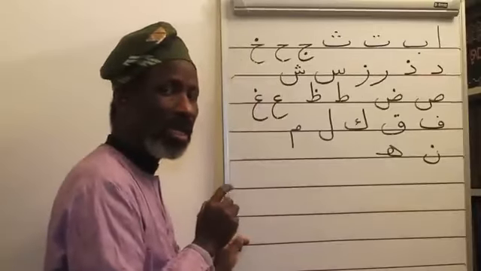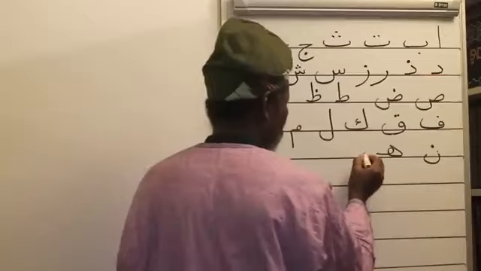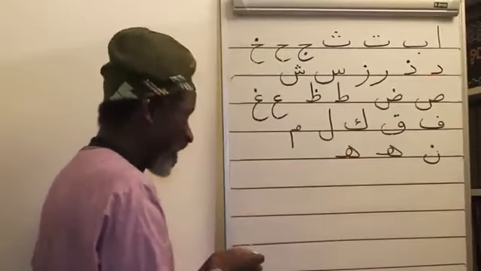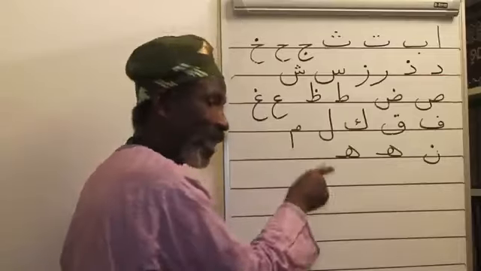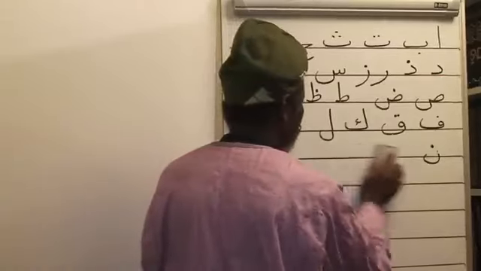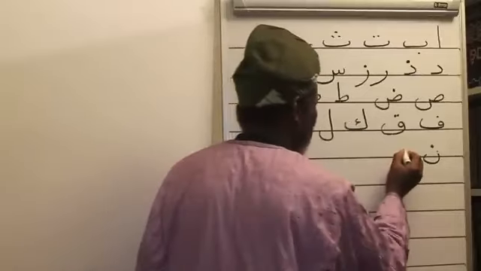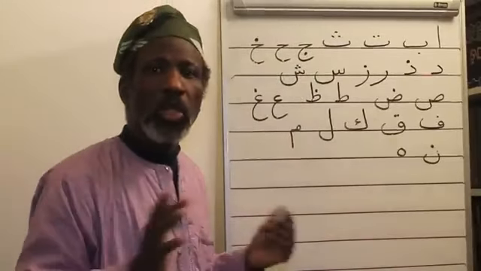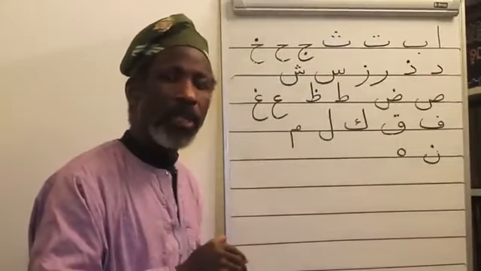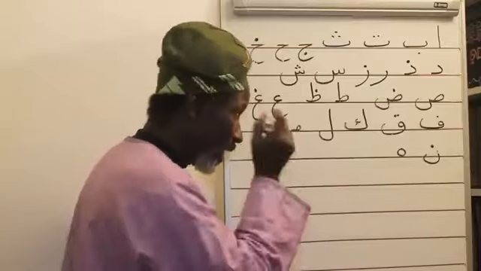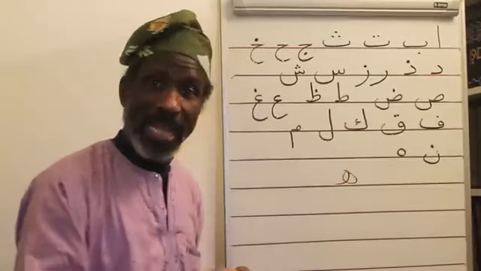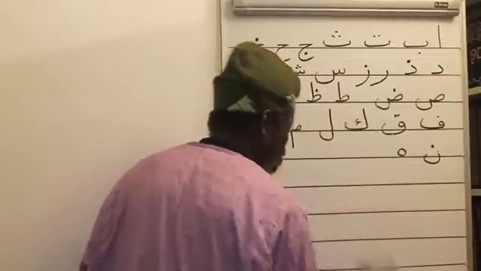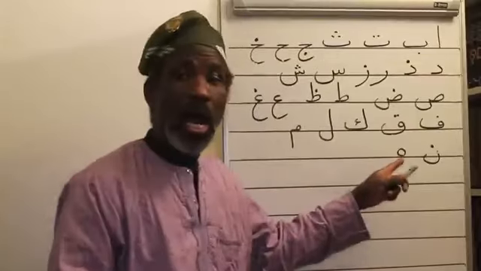In isolated form, you will see that later on, you write it this way: just round, like an O, no dots, nothing, just staying there pretty. Later on you will come across it like this, but I will explain it then. That's your Ha.